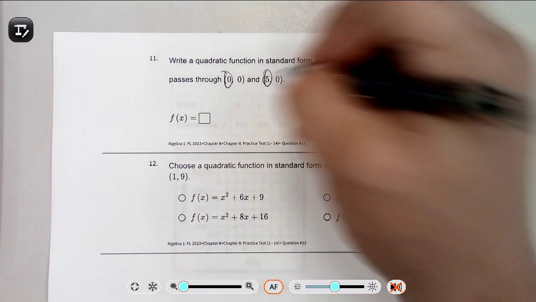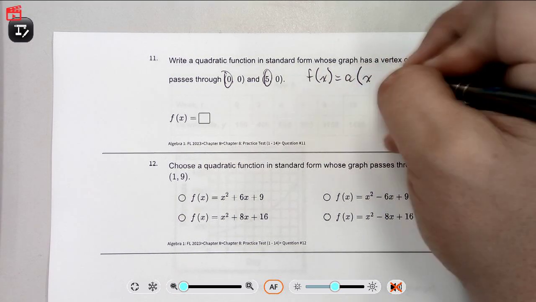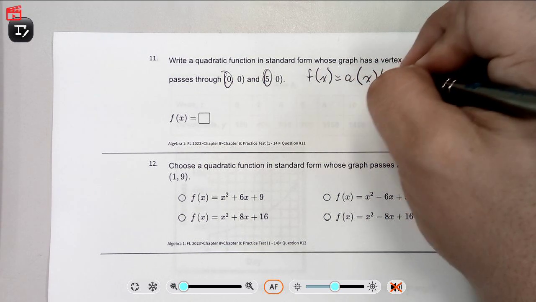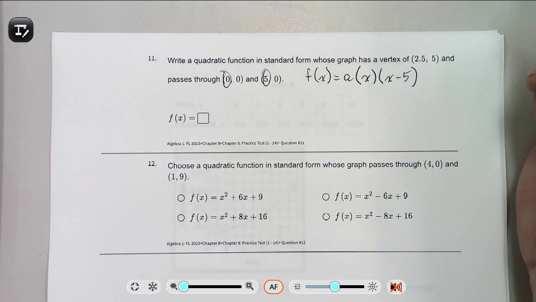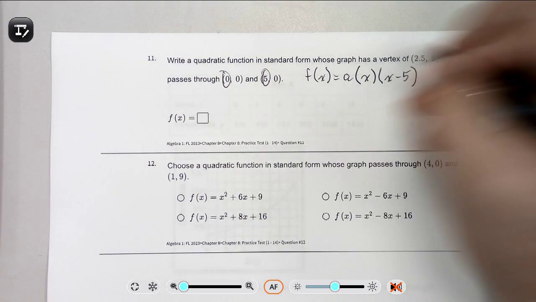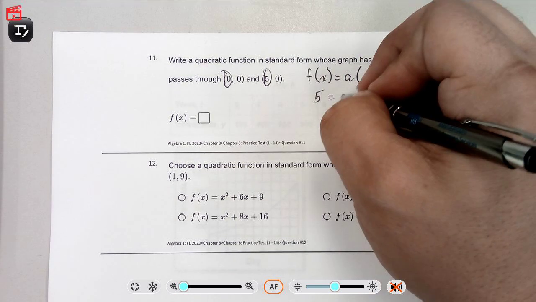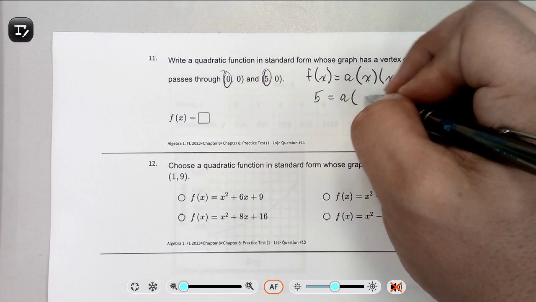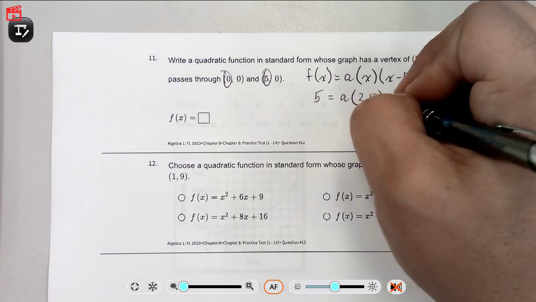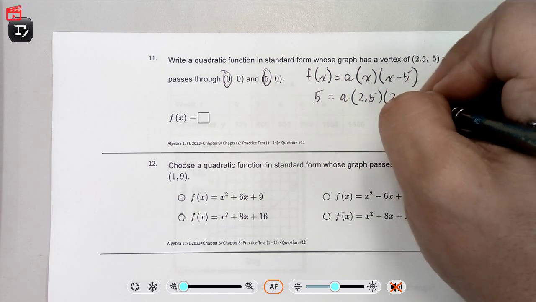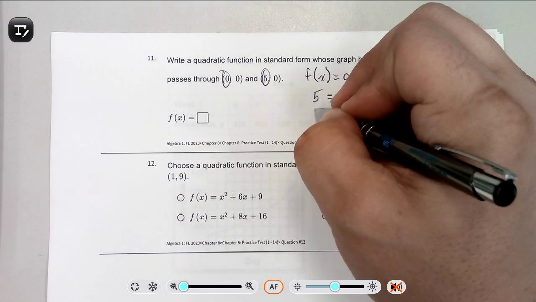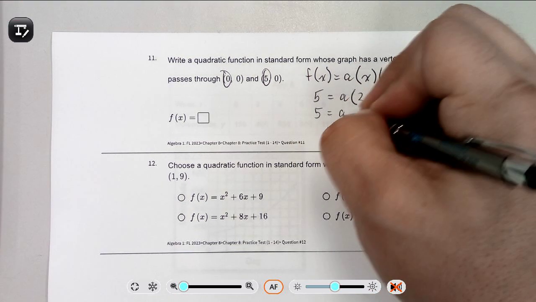These are our intercepts. x minus 0, so I'm just going to put x, and then x minus 5. Now I have to go solve for a. So bring in the vertex, so 5 equals a, x, 2.5, and then 2.5 minus 5.